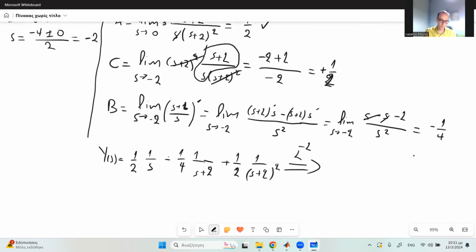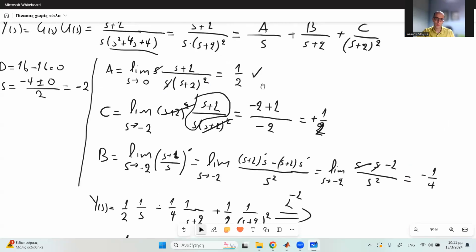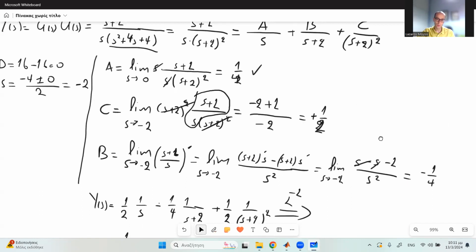We have the solution being, of course, 1 over 2 of the step input. And then, by the way, I just noticed it's s plus 2 squared, so it's not 1 over 2, it's 1 over 4. Cool.